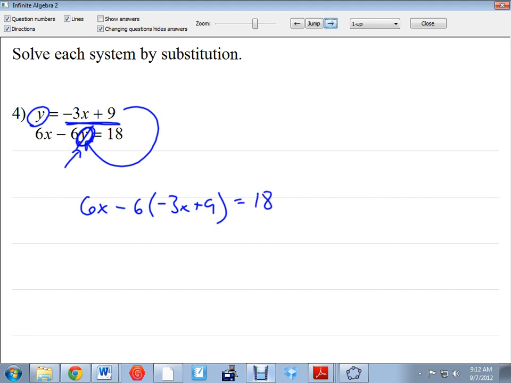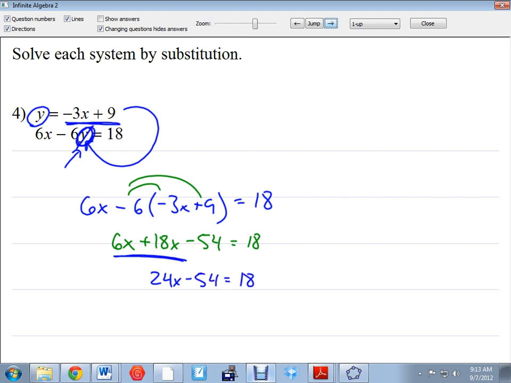And now we have an equation that is already set down into just one variable, and so this is an easy equation to solve using general equation methods. Distribute the negative 6 and that'll get you a positive 18x. Negative 6 times 9 is negative 54 is equal to 18. Then we need to go ahead and combine our like terms. 6 and 18 makes 24x minus 54 is equal to 18.